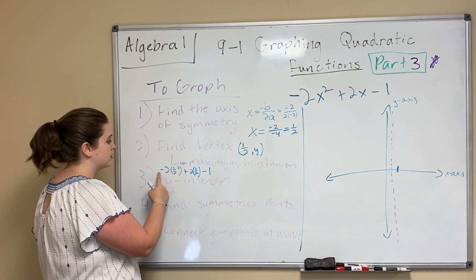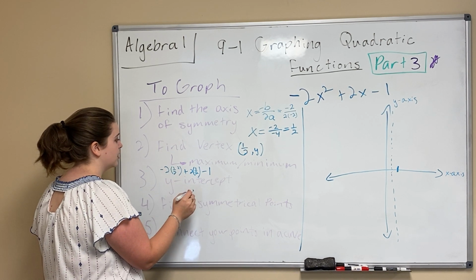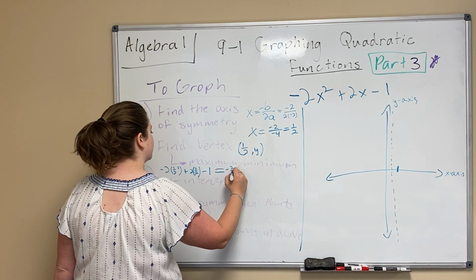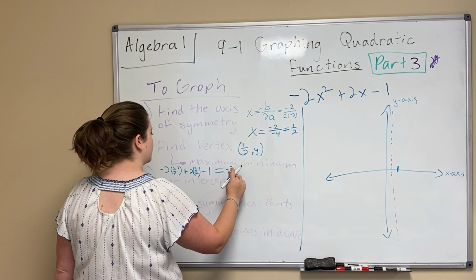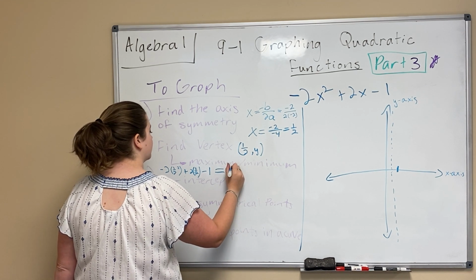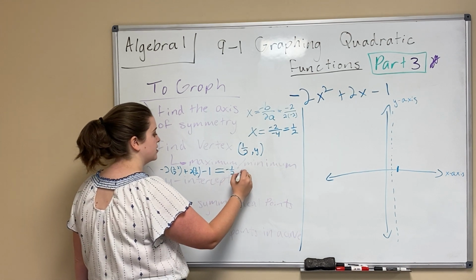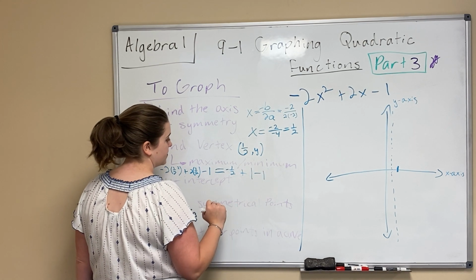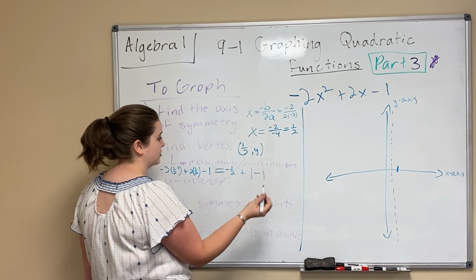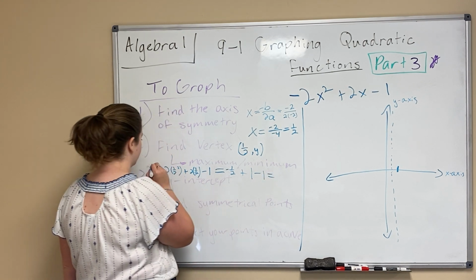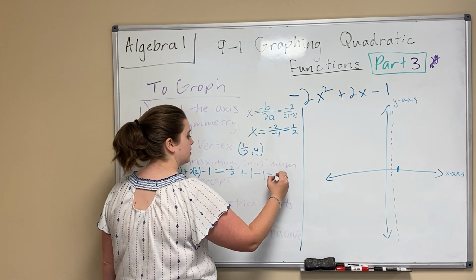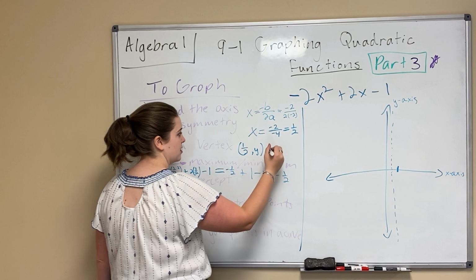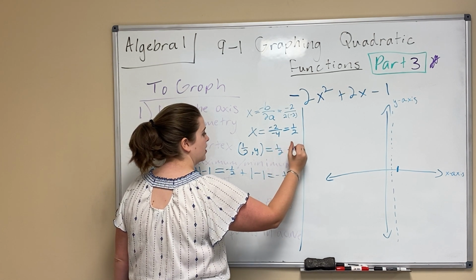Negative 2 times 1/4 is negative 2/4, which is the same as negative 1/2, plus 2 times 1/2 is just 1, minus 1. Plus 1 minus 1 cancel each other out, so my y value is negative 1/2. So in other words, when x equals 1/2, y equals negative 1/2.